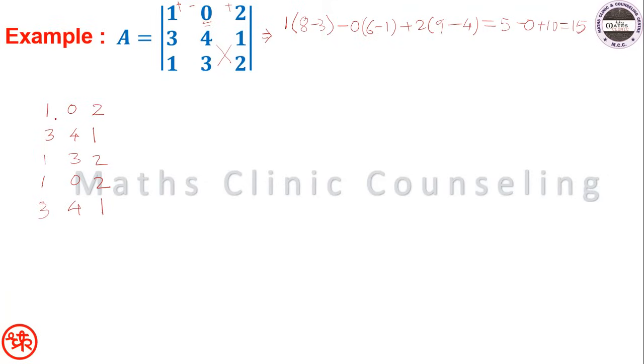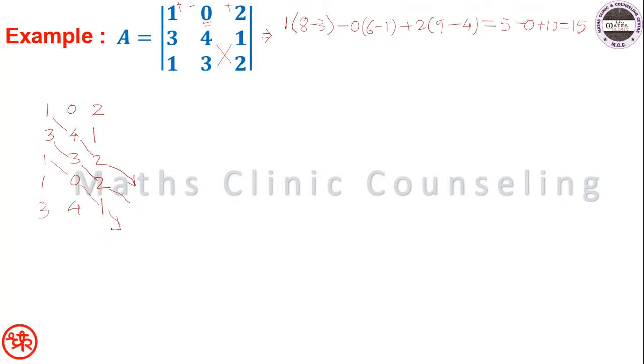Now what we do? We take the triplet 1, 4, 2. This is one triplet. The second triplet is 3, 3, 2. Third triplet is 1, 0, 1.